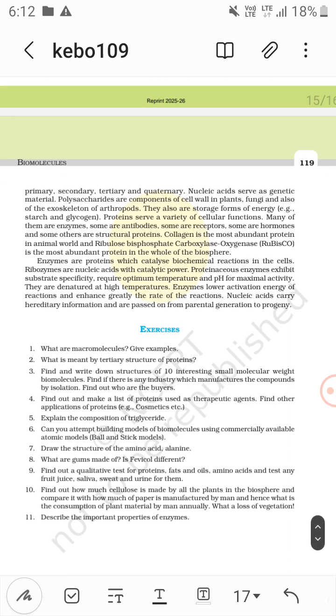Nucleic acids carry hereditary information and are passed on from the parental generation to the progeny. Enzymes lower the activation energy of reactions and greatly enhance the rate of reactions, right?